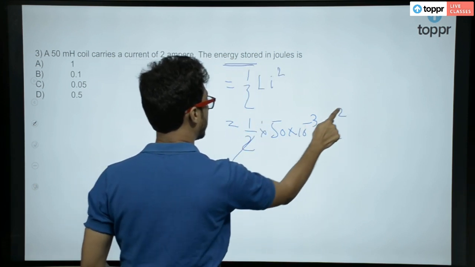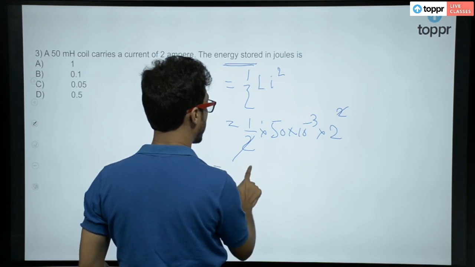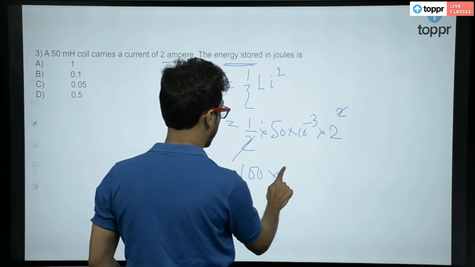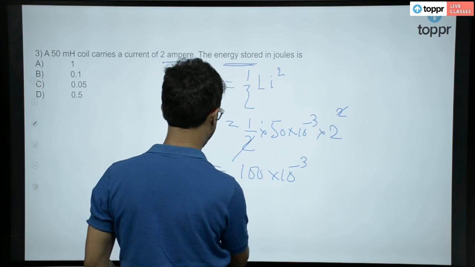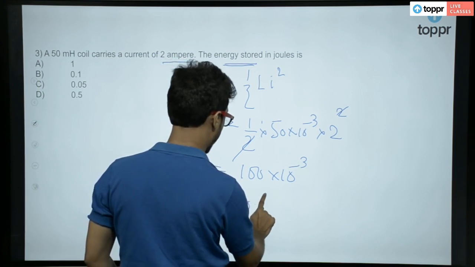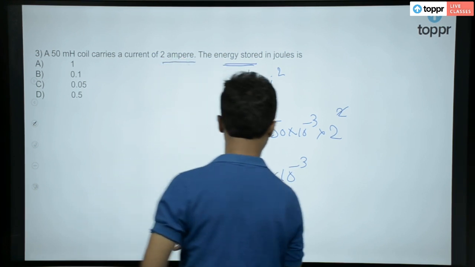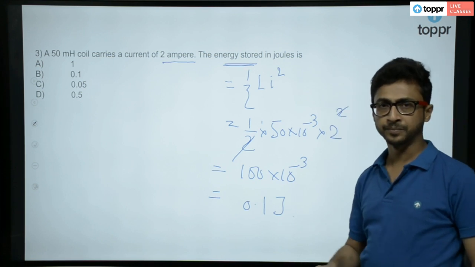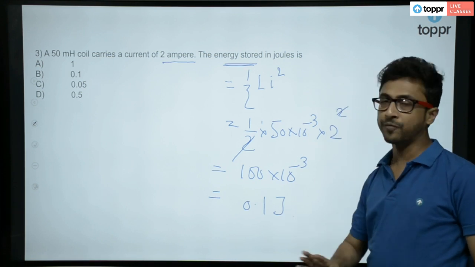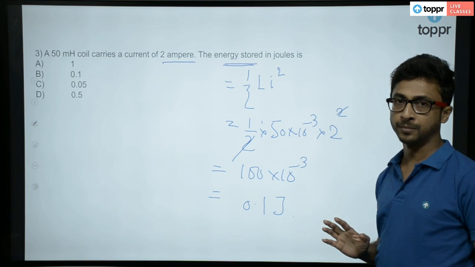So 2 into 50, 100 into 10 to the power minus 3, that is nothing but 0.1 joules. Clear? So very simple formula putting problems.